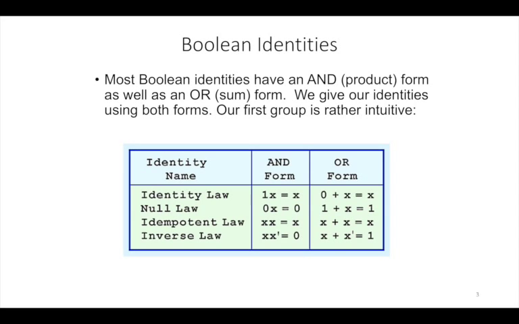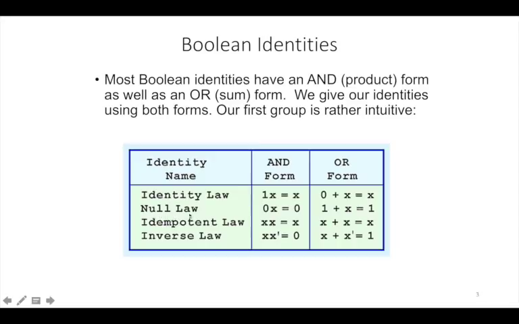The first basic group of Boolean identity we will discuss here consists of four laws. The first one is the identity law. In the AND form, we have x AND 1 equals x, and in the OR form, we have x OR 0 equals x.